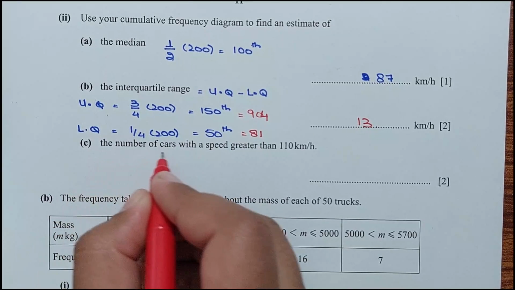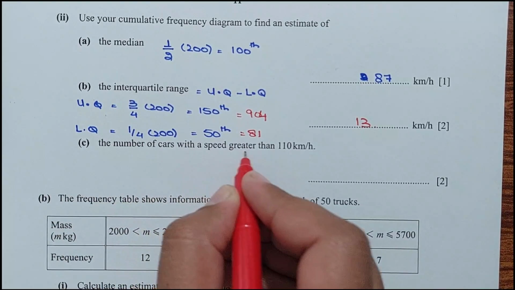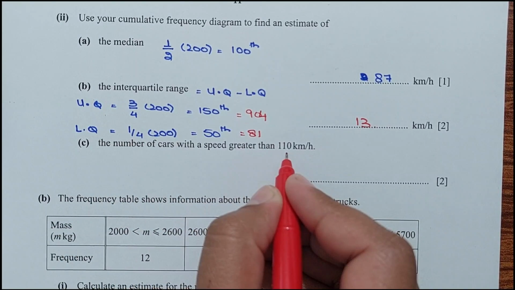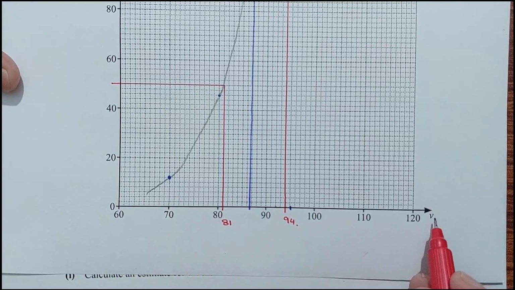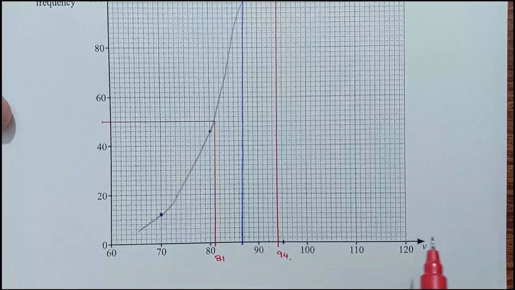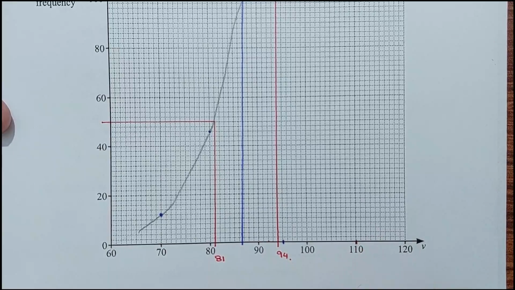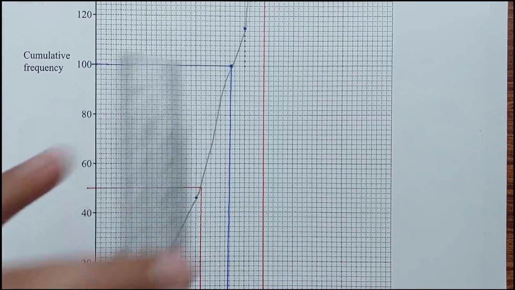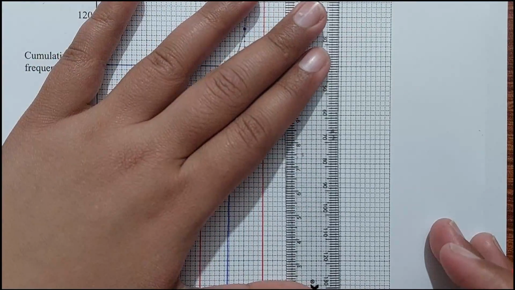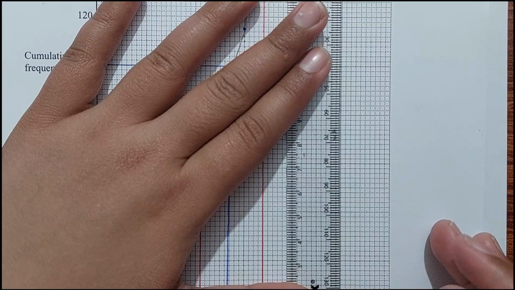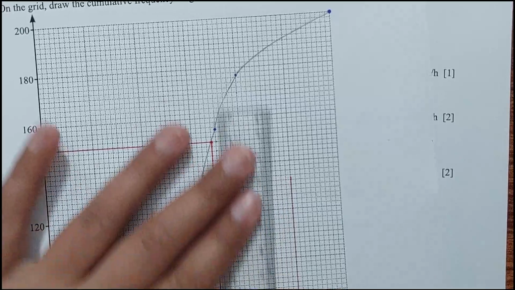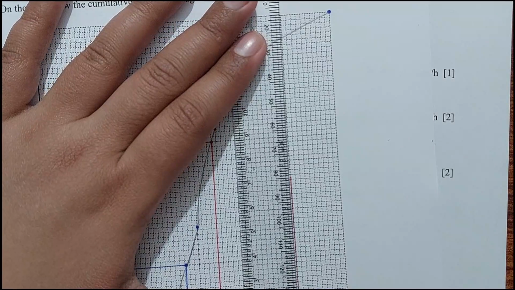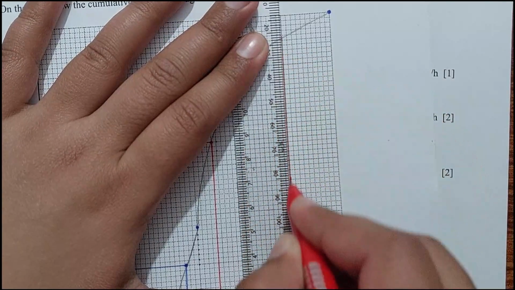Now for part C, the number of cars with a speed greater than 110 kilometers per hour. So this is the speed which is greater than 110. Here is 110, right? Let me draw the straight line from 110, and we have to find the number of cars.